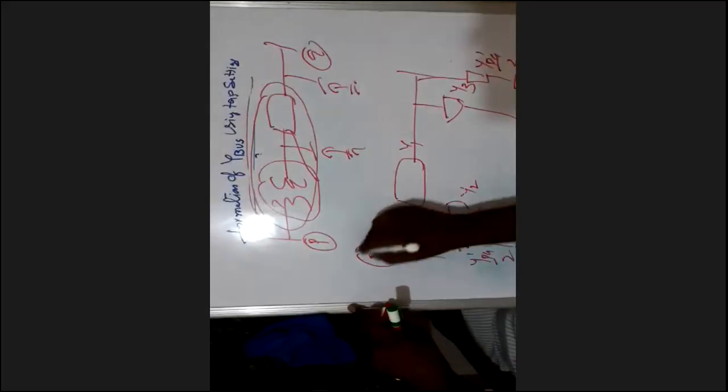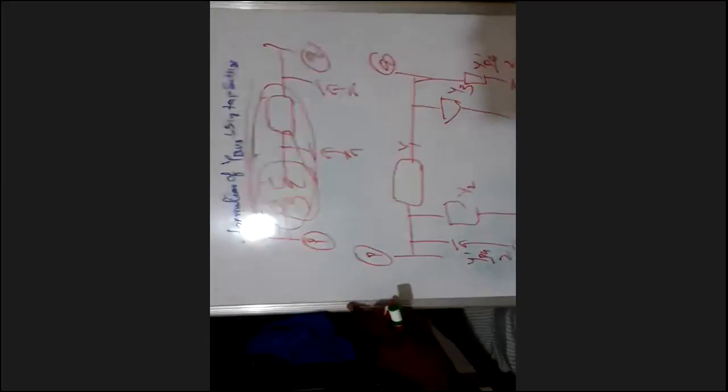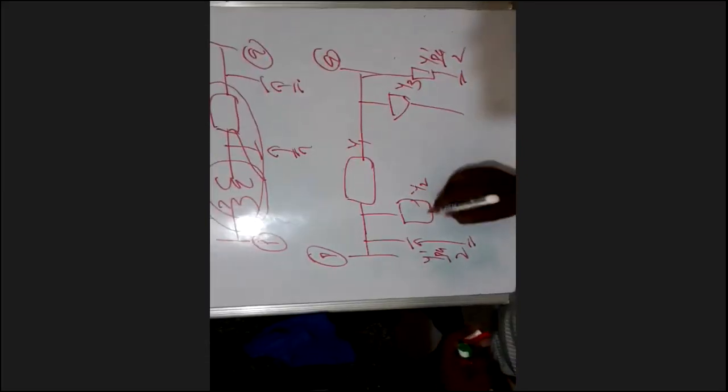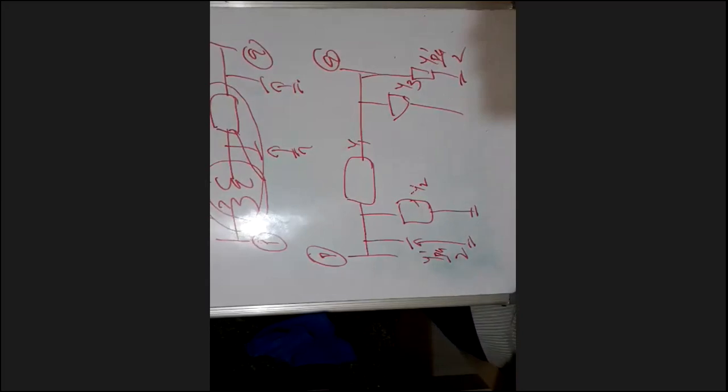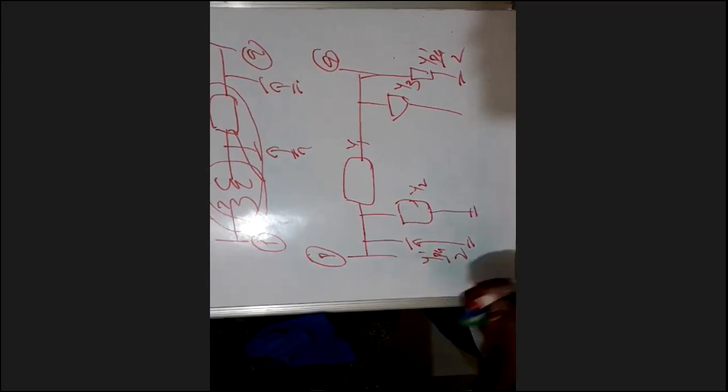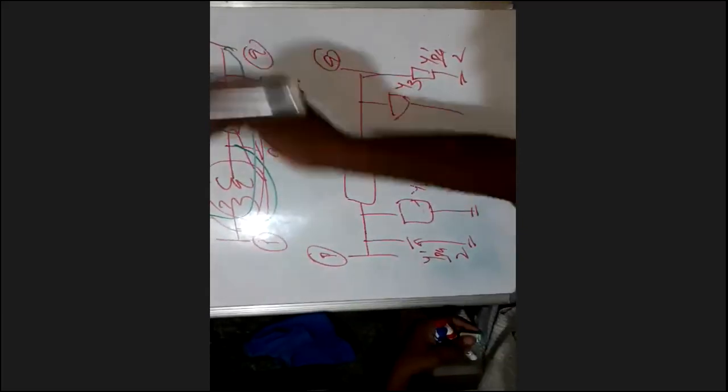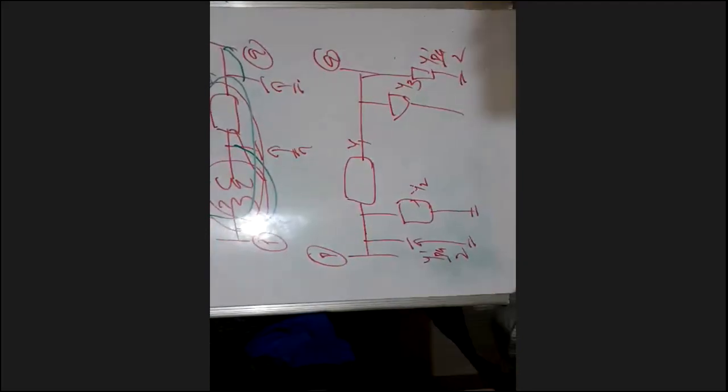This is P, this is Q. Y1, Y2, Y3. Now you see that I have pushed this here, and this here. Now this entire system is similar to my representation.